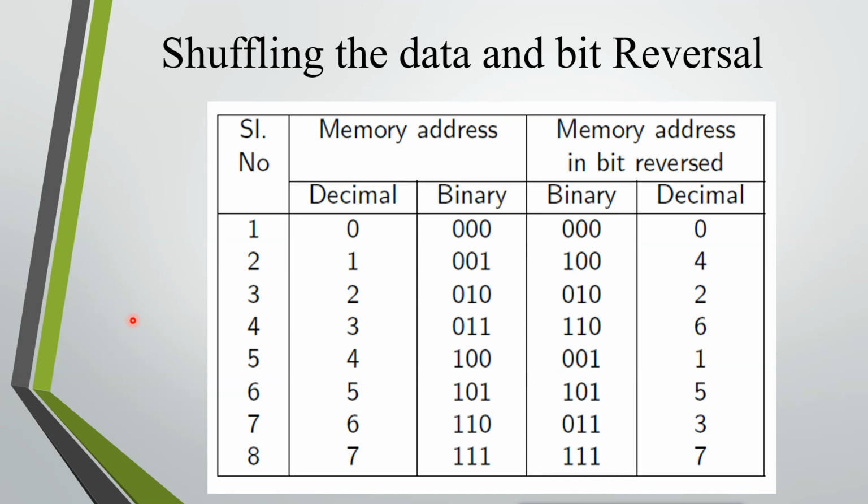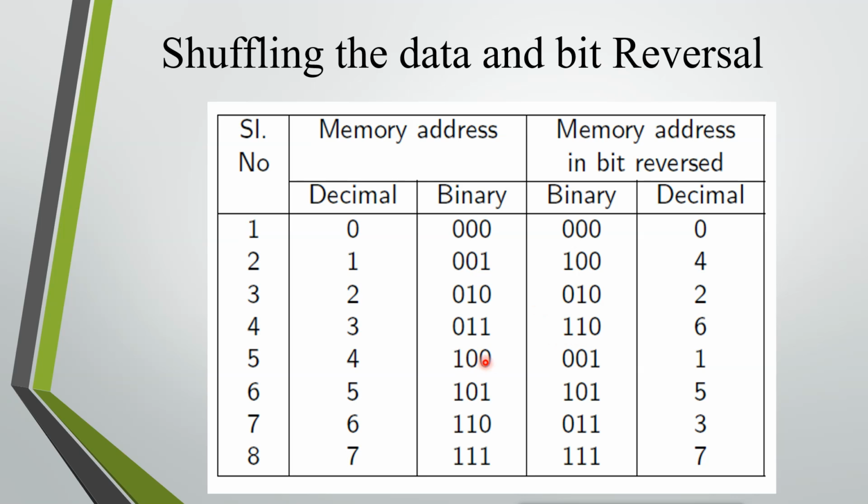How to write the x of n in the DIT FFT algorithm? The x of n values are given as 0, 1, 2, 3, 4 till 7. For this you write the binary number, then you write the reverse of the binary number. For 0, no change. For 0 0 1 you write 1 0 0. For 0 1 0, no change. 0 1 1 becomes 1 1 0.